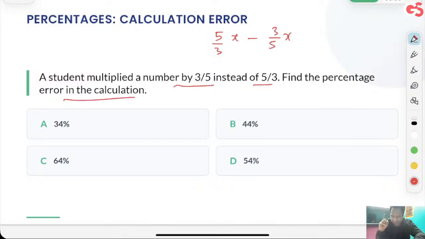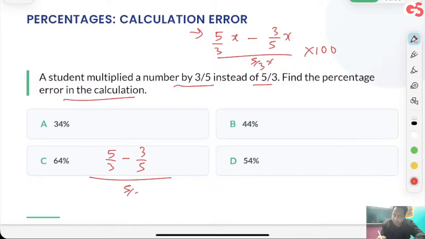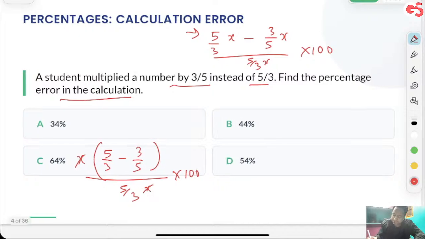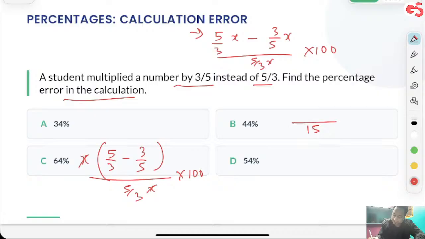We will find the percentage error in the calculation. So the ideal calculation should have been this. We divide the error by this and then find the percentage value. As you see, x gets cancelled out. So all we have is (5 by 3 minus 3 by 5) whole upon 5 by 3, multiplied by 100. In the numerator, 15 is the LCM: 5 5s are 25, 3 3s are 9, whole upon 5 by 3.